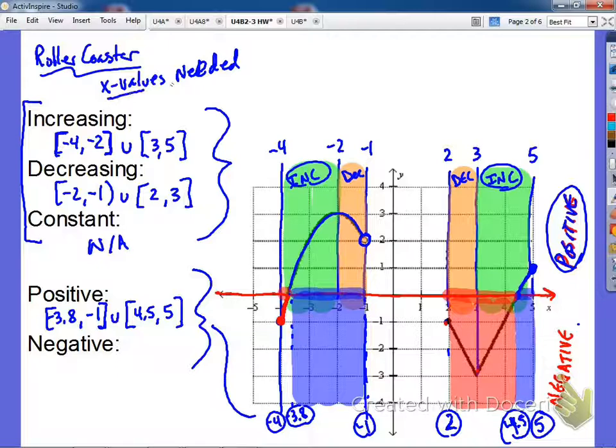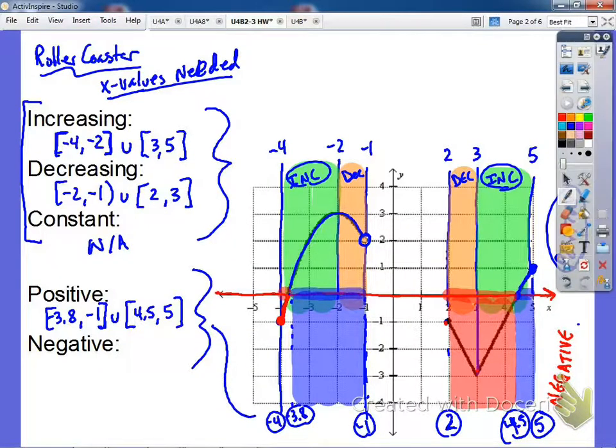X values needed only. Okay? I don't care how high the graph goes up or how low it goes. I don't care about any of that. All I care about is the x values, where the graph is below the x-axis or above the x-axis.